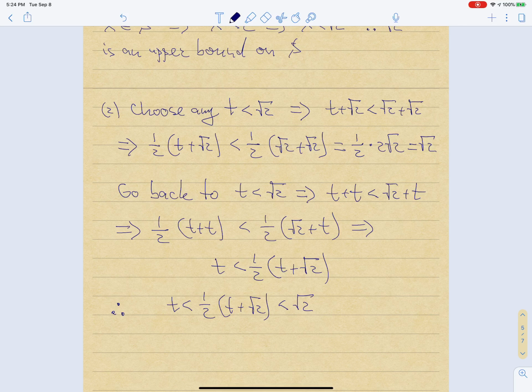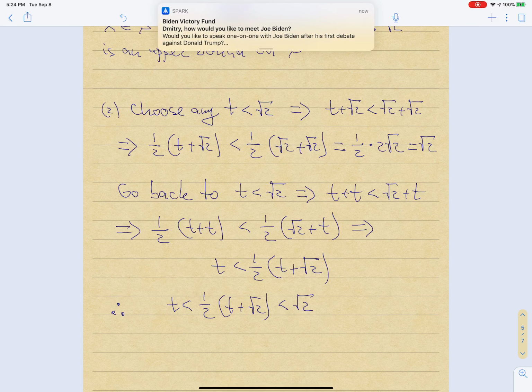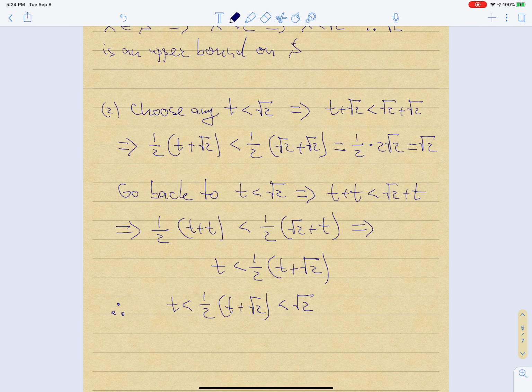Well, so let's consider only those t that are positive. So if t is positive, then clearly this is positive, and that same number is less than square root of 2.